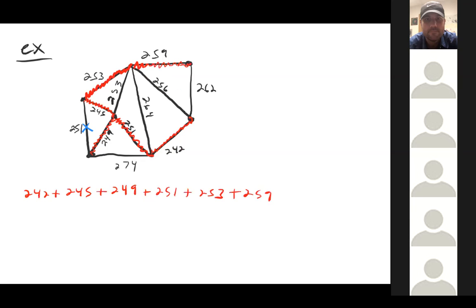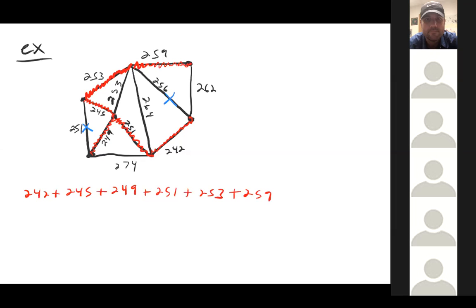I'm done. Why am I done? Have I hit every vertex? Yes, I have. Yep. I did, and I have a tree, don't I? Definitely have a tree there. It's connected. If you look at the red, it's definitely connected. And I forgot to cross this out, by the way. We didn't use that one. And it is connected, and there's no circuits.